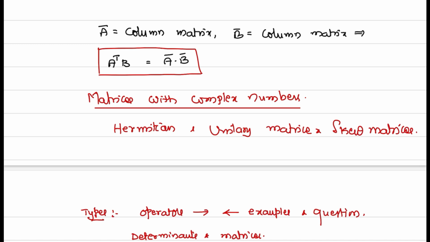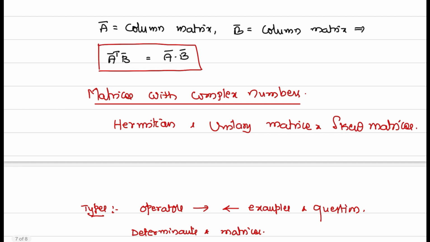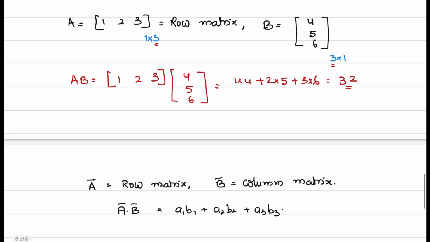If the matrix is a vector, we can put the vector sign also on the top, no problem. That means if A and B are two column vectors, then the dot product of A and B will be A transpose into B, as we have seen in this example.